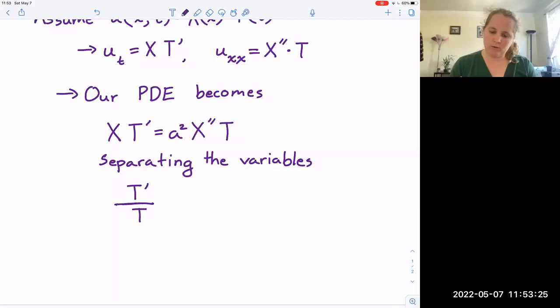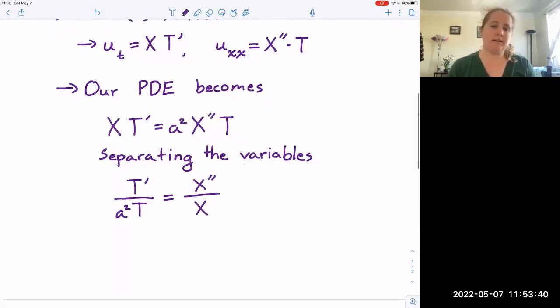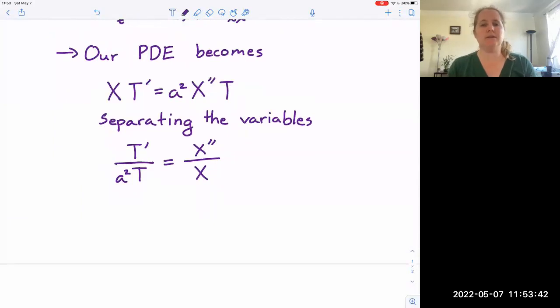I'm going to move the a squared as well. We get T prime over a squared T is equal to X double prime over X. The only way for this to hold true for all values of x and t is if these are equal to a constant.